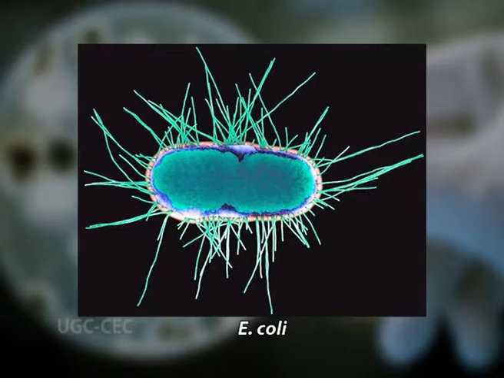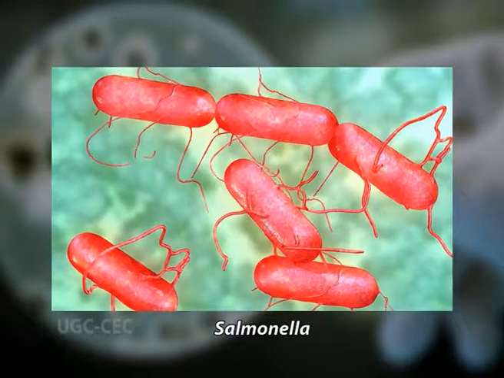So in generalized transduction, each part of the bacterial genome has approximately the same probability of being transferred from donor to the recipient bacteria. When a generalized transducing phage infects a recipient cell, expression of the transferred donor genes occurs. Typically, phages that can mediate generalized transduction include P1, that's E. coli, and P22, that's Salmonella.